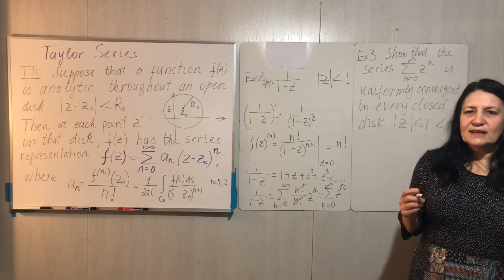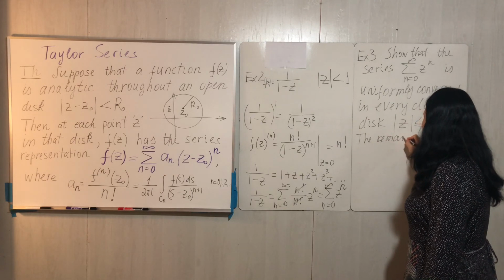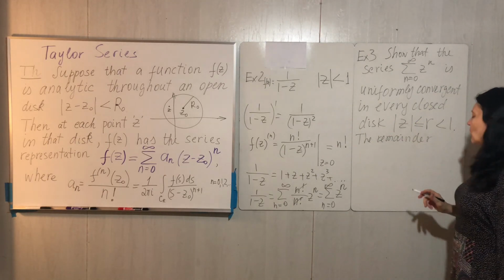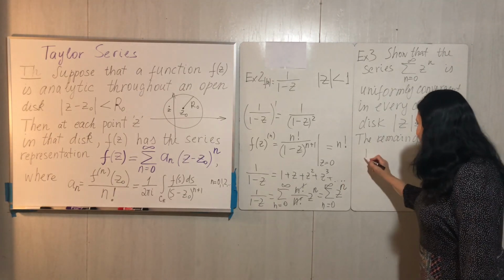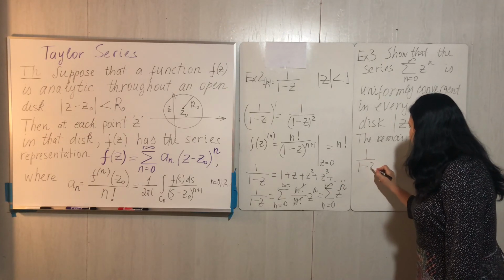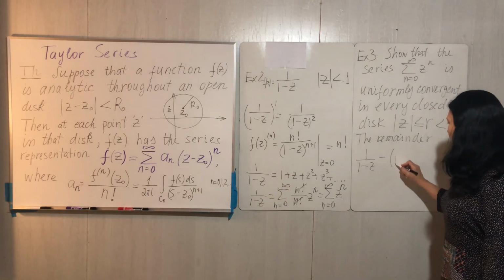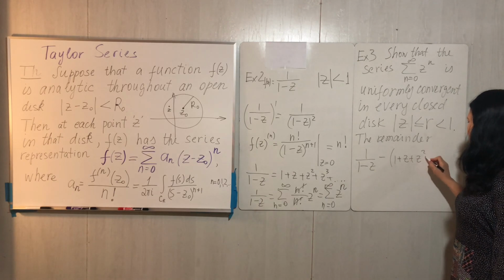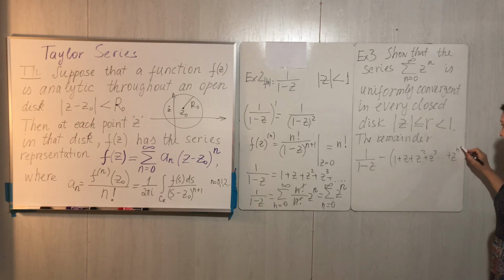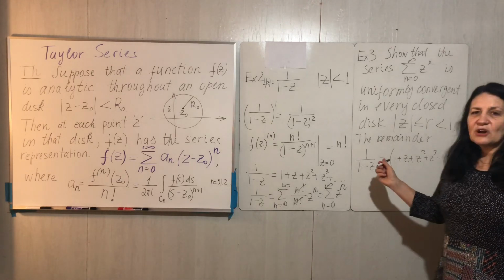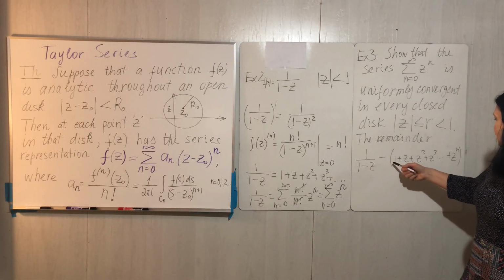So let's write down the remainder. How do we write it? We take our function 1 over 1 minus z and subtract the nth partial sum, so we subtract 1 plus z plus z squared plus z cubed up to z to the n. So if we subtract this, what do we end up with? Here we have a similar expression, just infinite.